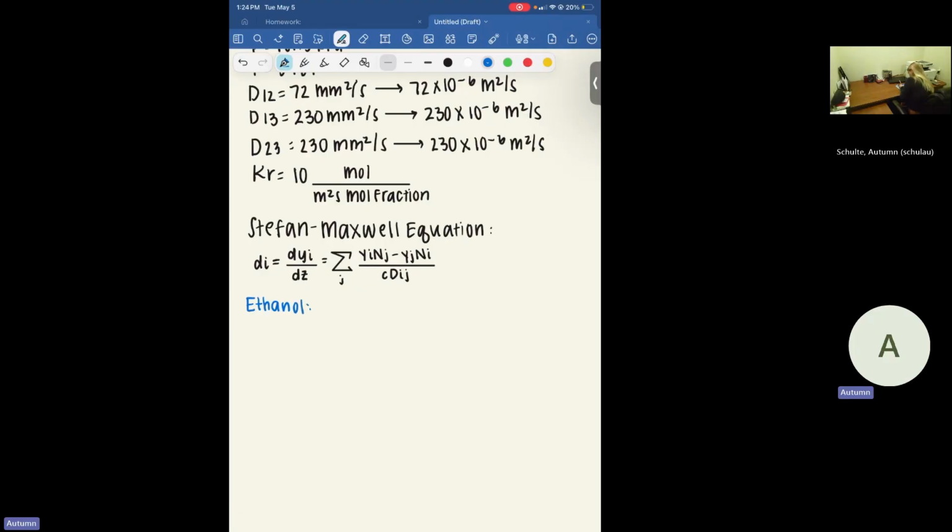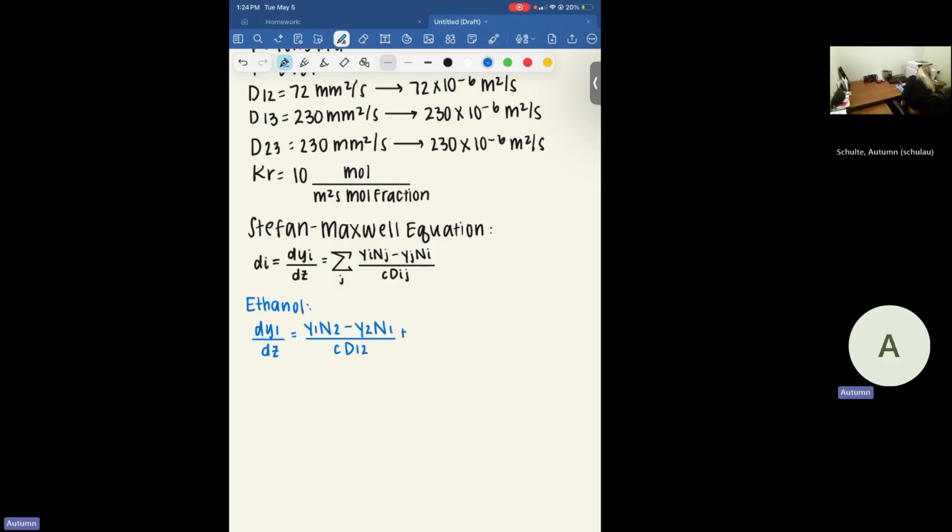So for ethanol, this is going to be the derivative of the mole fraction of ethanol with respect to our position Z. And if we write out our summation, this is going to be the mole fraction of ethanol multiplied by the molar flux of acetaldehyde minus the mole fraction of acetaldehyde multiplied by the molar flux of ethanol divided by our concentration and our diffusion coefficient of ethanol through acetaldehyde.